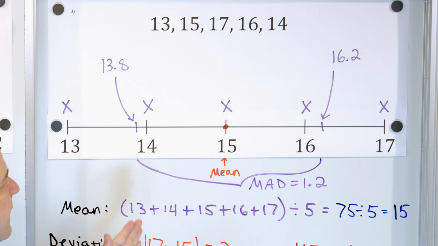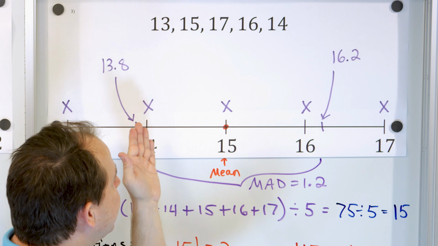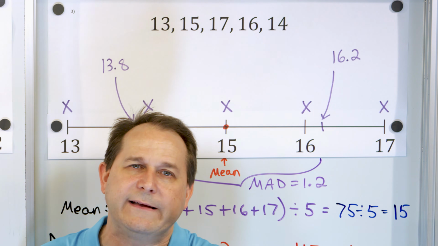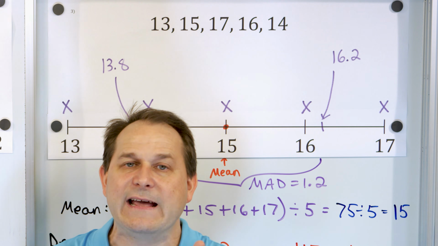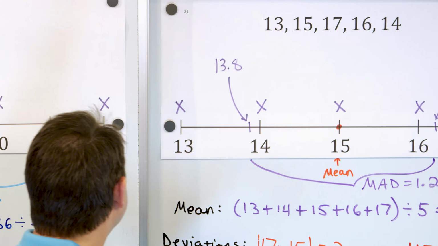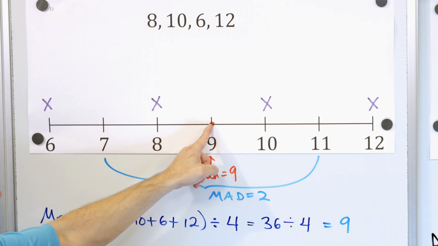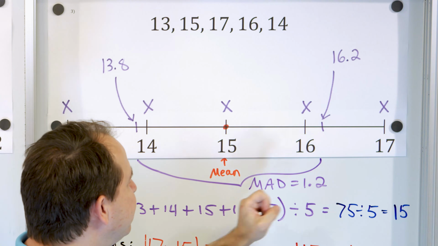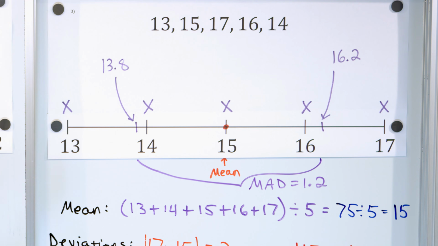So if I tell you that the mean of these ages is 15, and their mean absolute deviation is 1.2, then it gives you an idea where the center of the data is and how spread apart the data is, plus or minus 1.2 about the mean. Same thing here. When the MAD was 2, I just went 2 units up and 2 units down. This is the first time where the mean absolute deviation is a decimal here, all right?